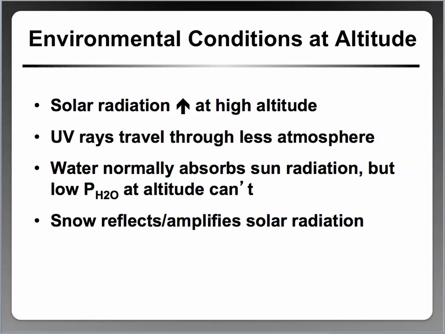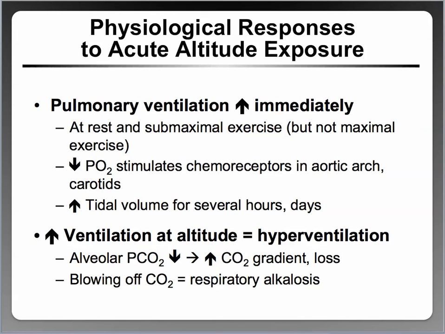You don't see Mount Everest covered with grass and daisies and things like that. Snow also reflects and amplifies the solar radiation, so it makes it a lot more intense compared to your lower altitudes.